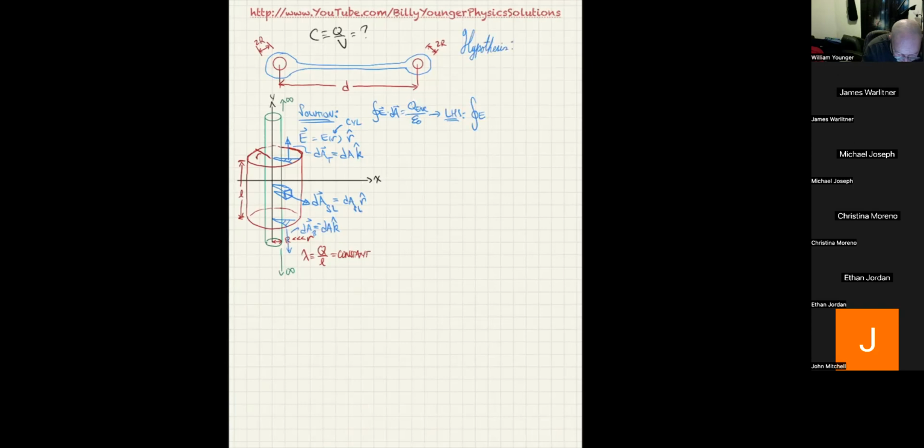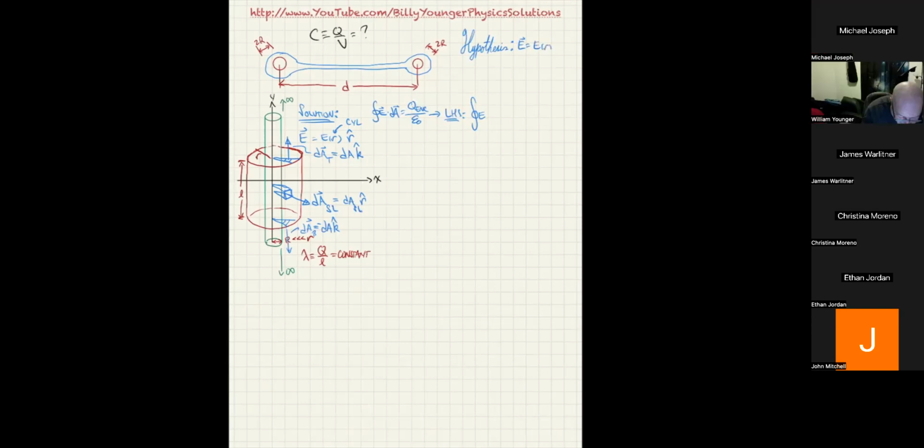Okay, my hypothesis is that E, the vector field, is going to be equal to E of r times r hat. I feel like I'd already written that somewhere, but clearly I did not. Well, yeah, it was because I was using spherical coordinates. So that's what my hypothesis is.